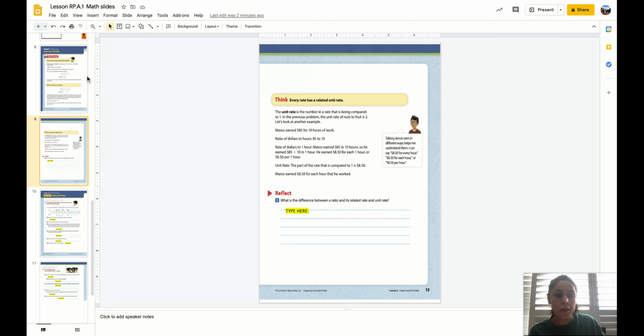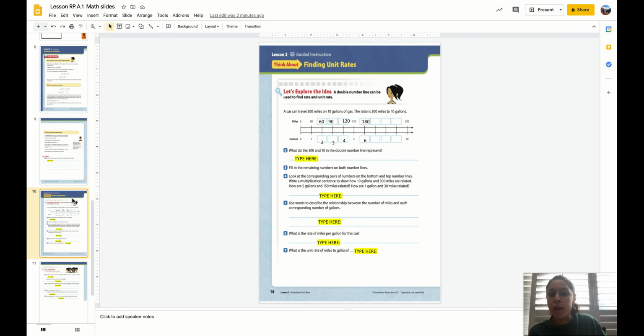Remember to use the notes at the top. Then you will fill out these questions with your group and talk about them. I went ahead and added the first few within this diagram that you see, this number line.